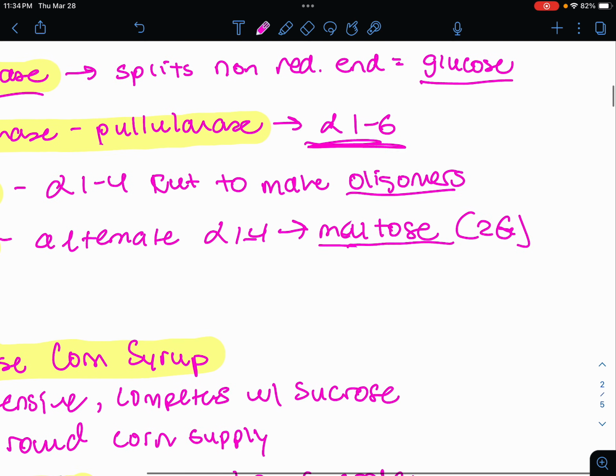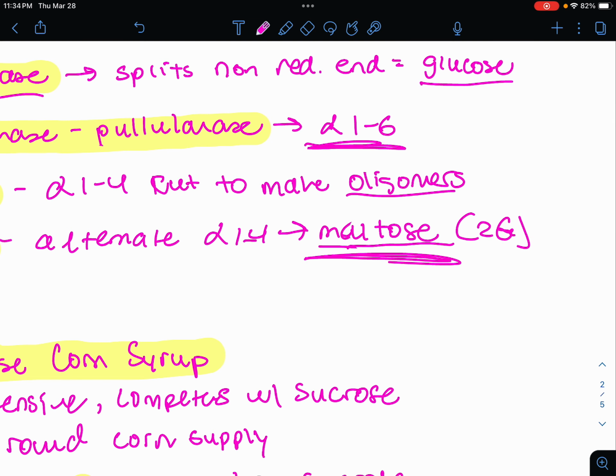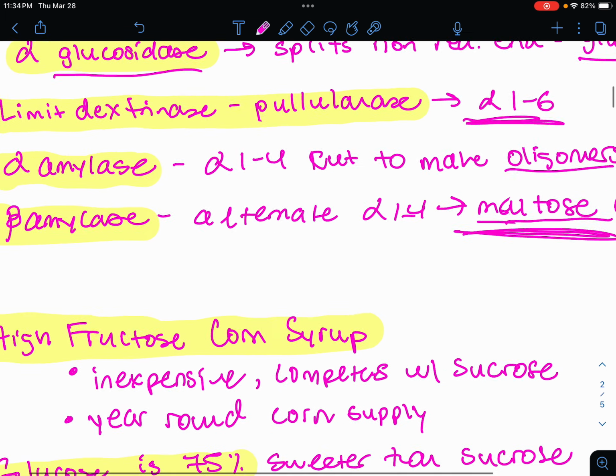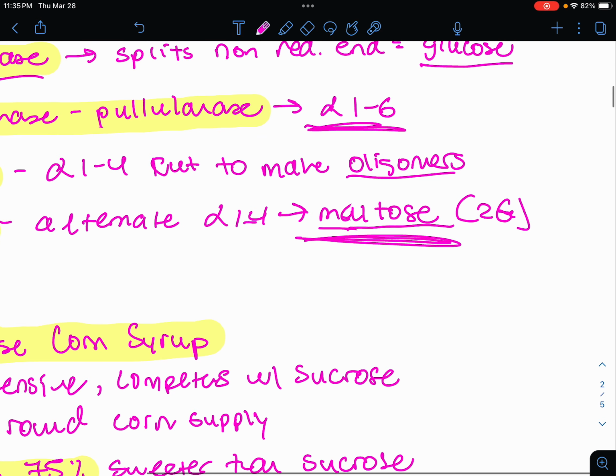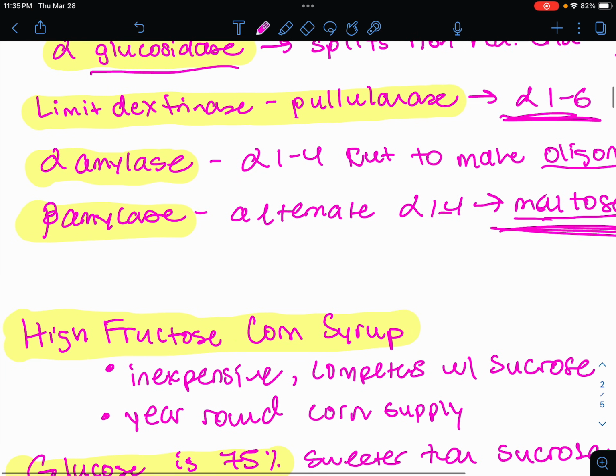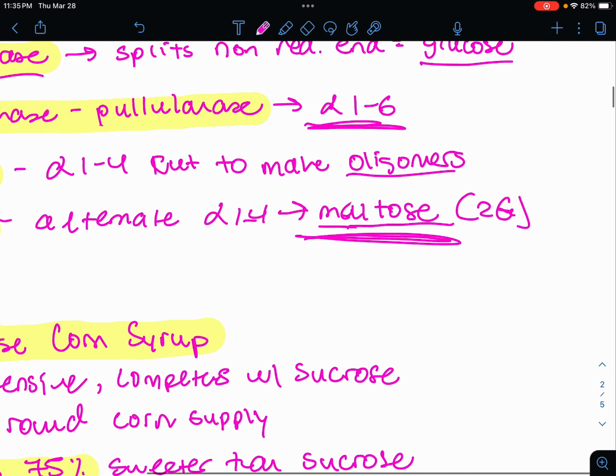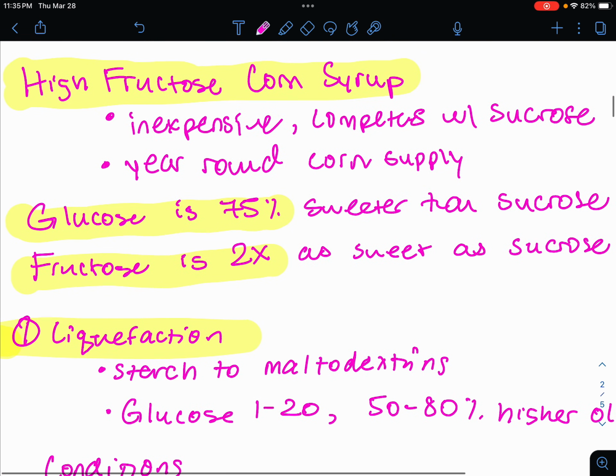And this is going to make a disaccharide. This is going to make maltose. Maltose is 2 glucose together. So beta, you're going to alternate which of those alpha 1,4s you're going to cut and make a disaccharide in maltose. But alpha amylase will just cut the alpha 1,4s to make oligomers.